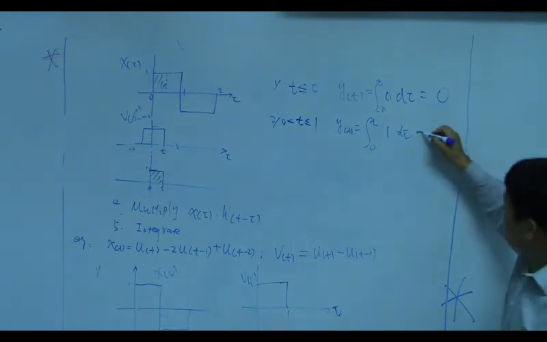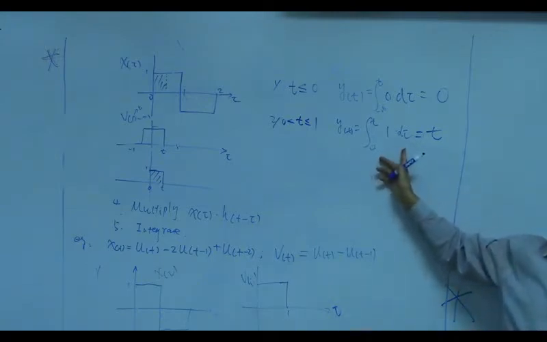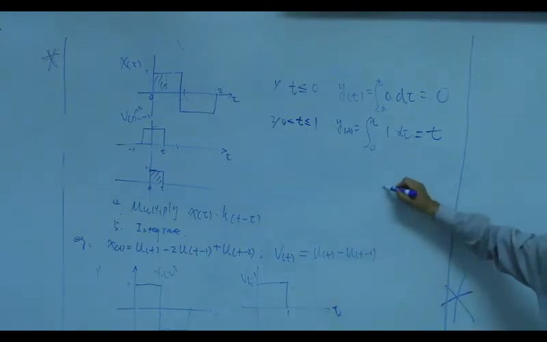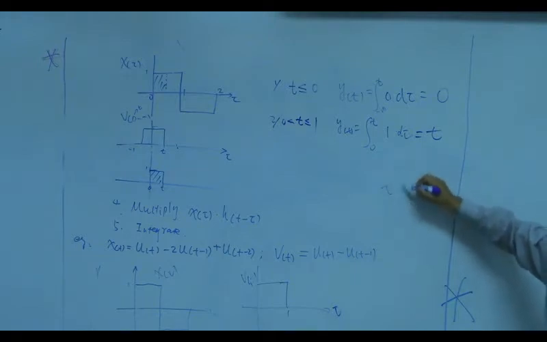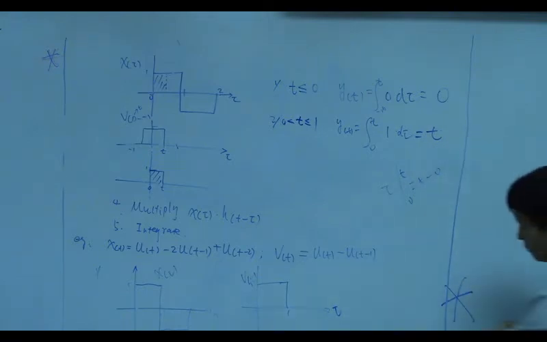This one equals t, right? That is in Math 169. The integral of 1 d tau equals tau. And from 0 to t, that is t minus 0 equals t. Does it make sense?